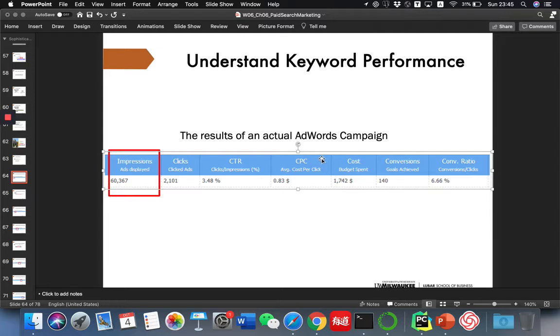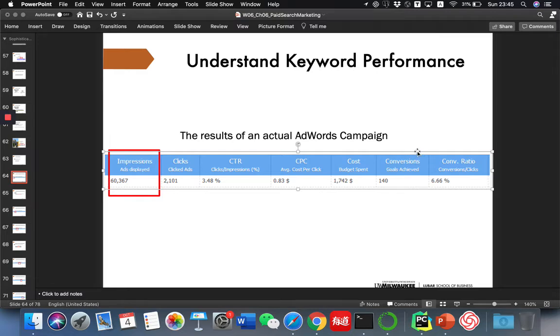CPC, we talked about it in the second part of this chapter, is the average cost per click. Cost means the total cost, how much money the ad spends.